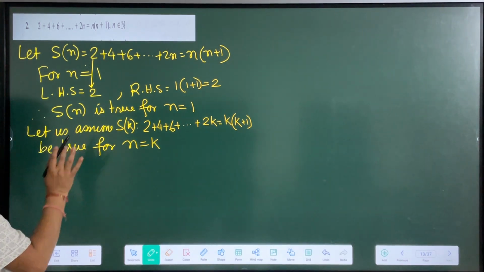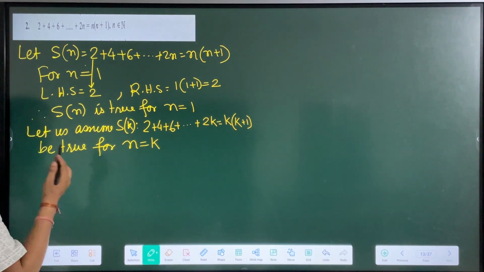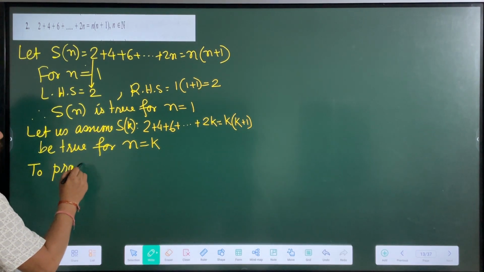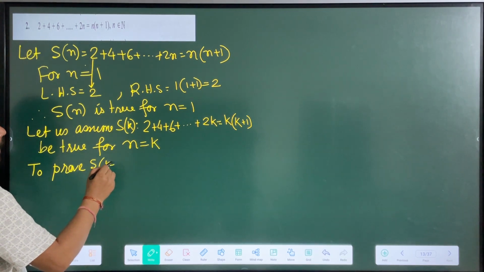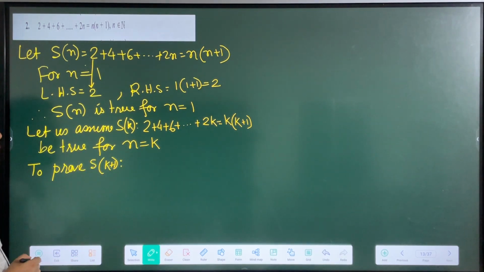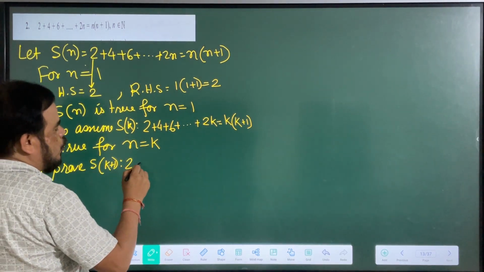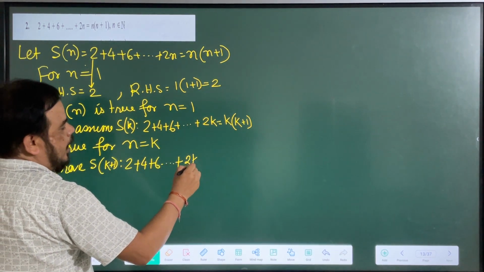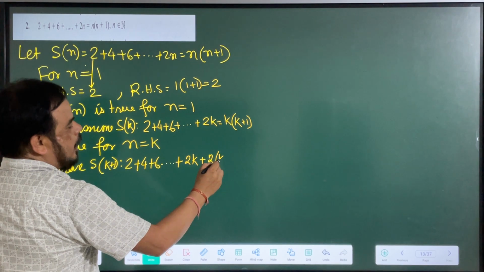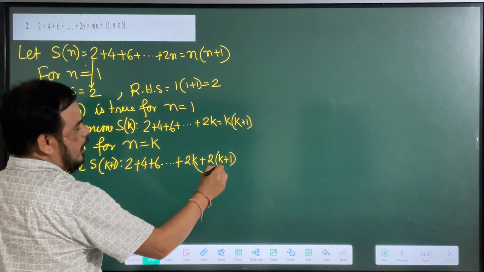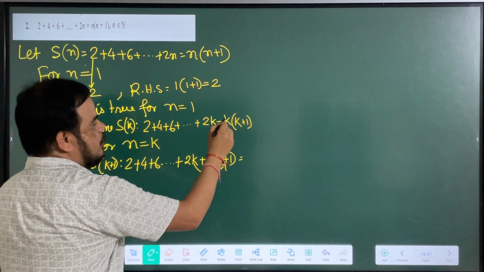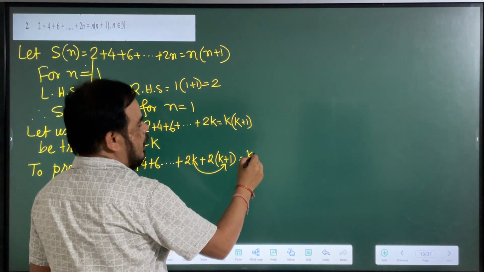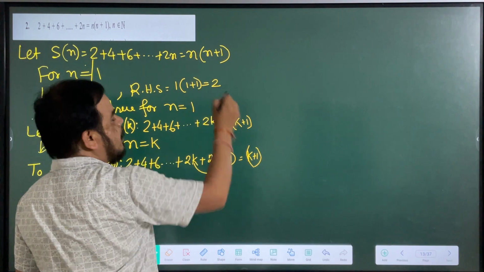Now third part. Second part is finished. Third part is for k + 1, to prove as k + 1. What is k + 1? 2 + 4 + 6 + ... + 2k + 2(k + 1) = (k + 1)(k + 1 + 1).